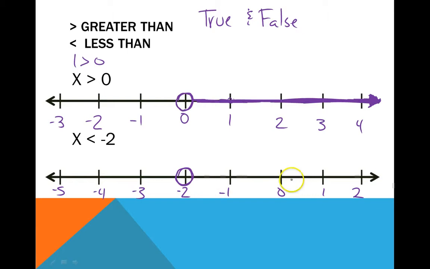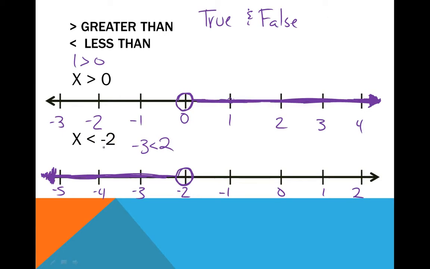So which group of numbers, negative 1, 0, 1, 2, is that less than negative 2? Or is negative 3, negative 4, negative 5, are those less than negative 2? Well, negative 3 is less than negative 2. So I'm going to shade the left-hand side. Alright? I shade it just like that, because this set of numbers makes this statement true.